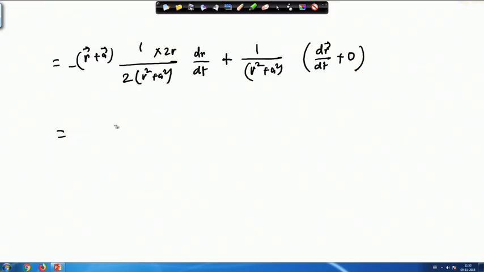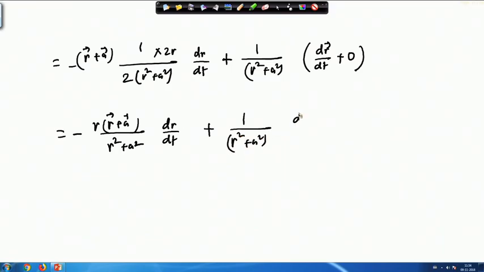So this will be minus of vector r plus vector a divided by r square plus a square, times scalar r dr/dt of scalar r, and then this one will be 1 by r square plus a square, dr vector/dt.